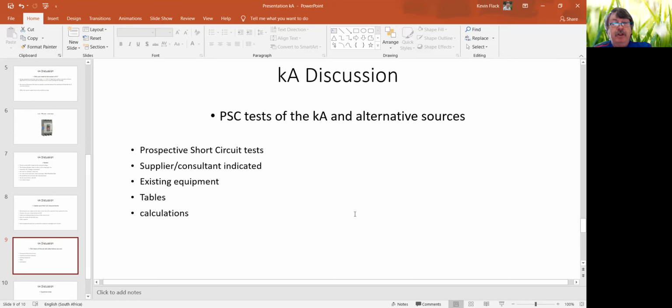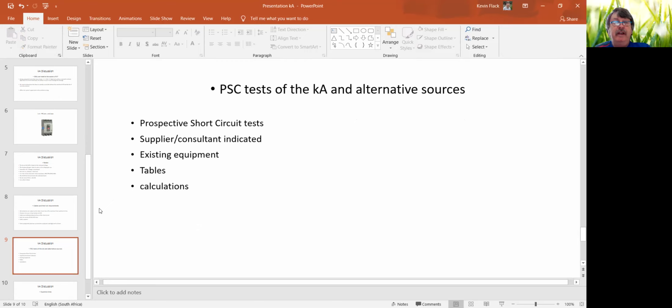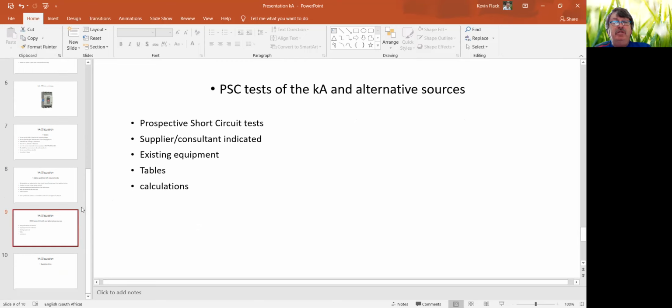If the impedance value goes below the average, you can expect the kA to go slightly higher. If the voltage goes on the lower side, that will also lower the kA. So it does vary quite considerably, and we need to understand where that is.